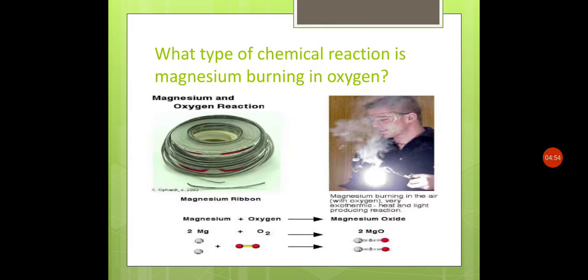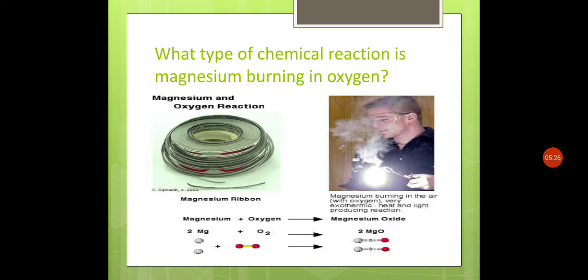What type of chemical reaction is magnesium burning in oxygen? Magnesium and oxygen are the reactants, and the product is magnesium oxide. Magnesium burning in the air with oxygen is exothermic because heat and light are produced.